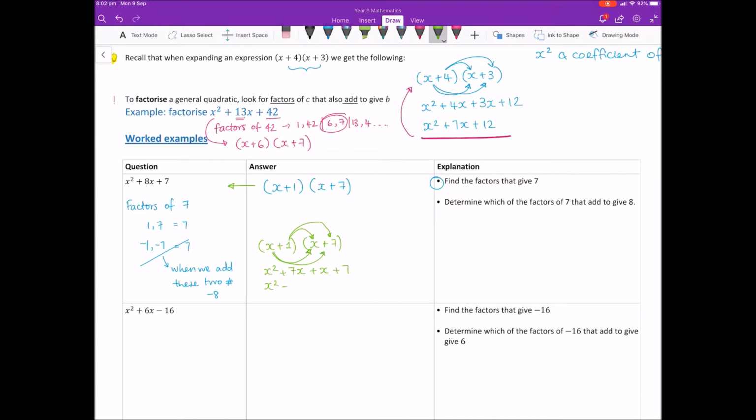Now if we add those like terms together, we get x squared plus 8x plus 7. If we check this against the original question, yep, they match, so we know that our factorizing is correct.